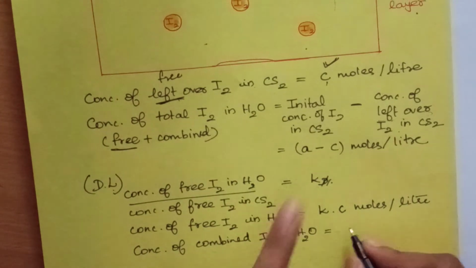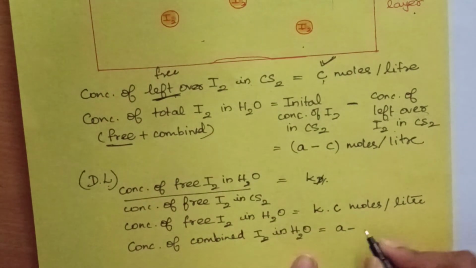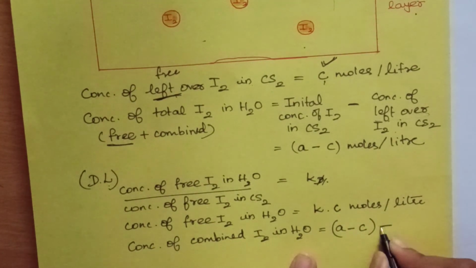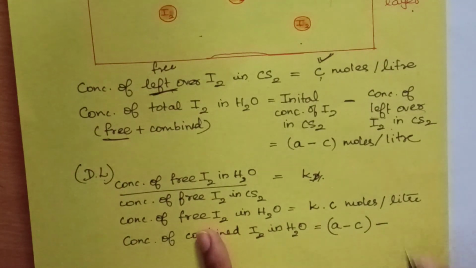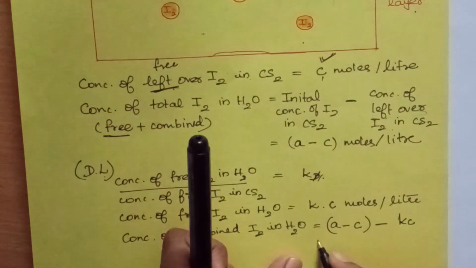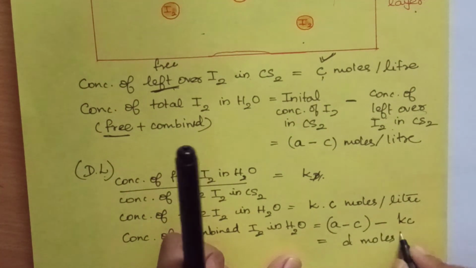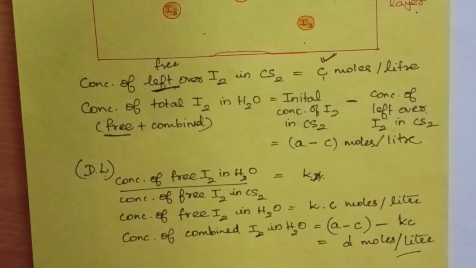Total is A minus C, minus the amount present in free state, K into C. Let me keep this as D moles per liter.